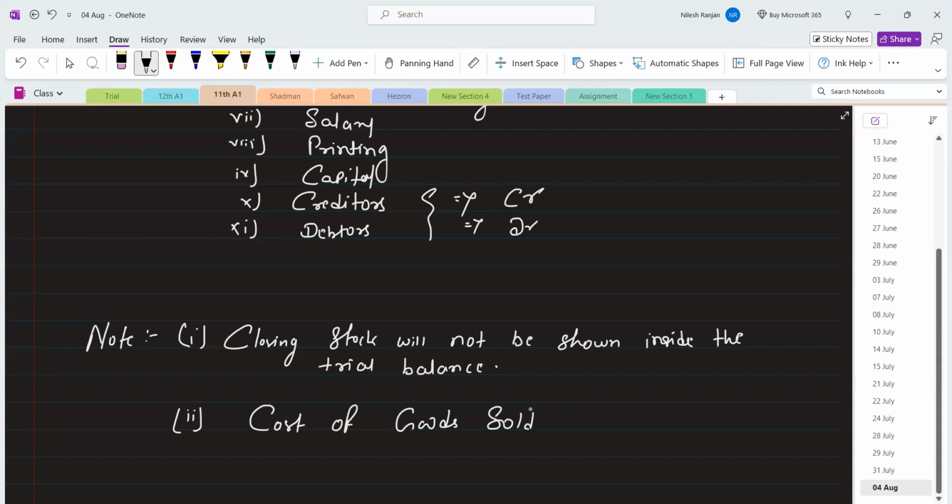It's the amount of the goods sold. Like at what amount which we have sold.